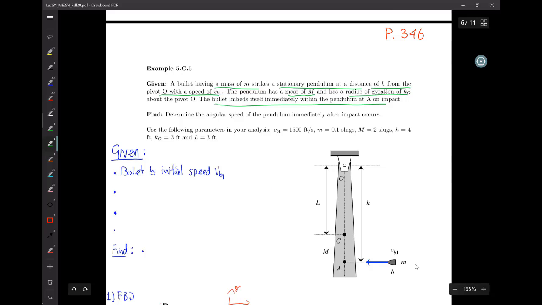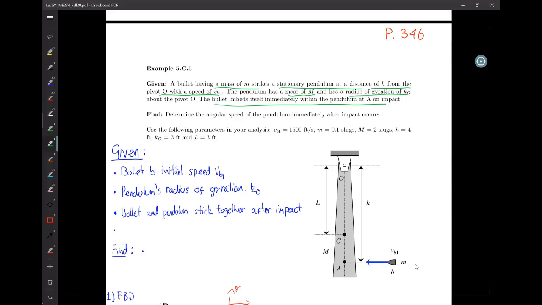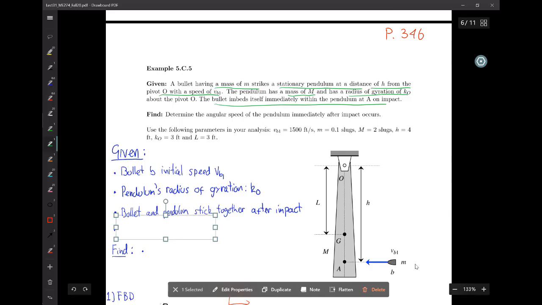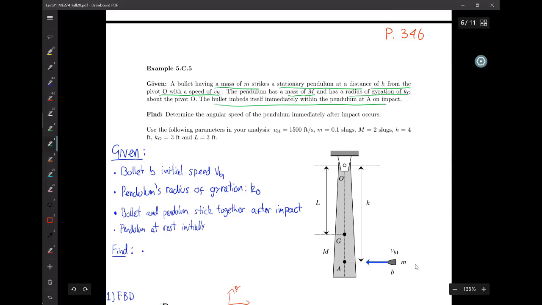The bullet and the pendulum are sticking together after the impact. And we were told that the pendulum was stationary in the beginning. Then we're asked to find the angular speed of the pendulum right after impact.